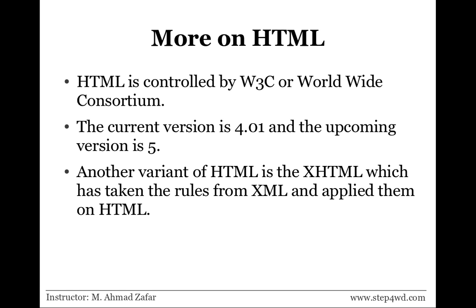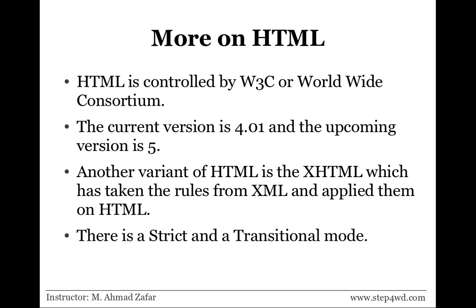Another variant of HTML is XHTML. Basically, the people at W3C adopted the syntax and rules of XML and applied them to HTML to make XHTML, a stricter version of HTML. Then all documents used to be in a strict mode or a transitional mode.